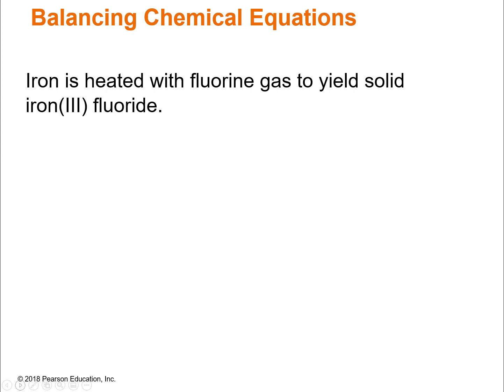Here we go. This is more practice in writing out that chemical equation from the written description. We've got iron and fluorine gas. Fluorine gas is one of those diatomic molecules, so it is F2.